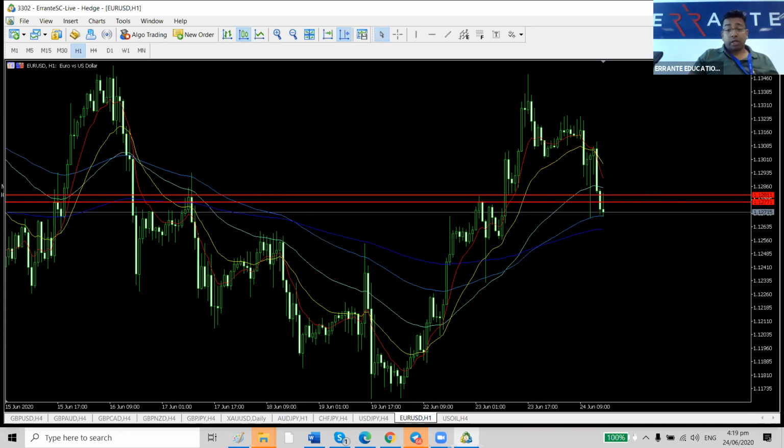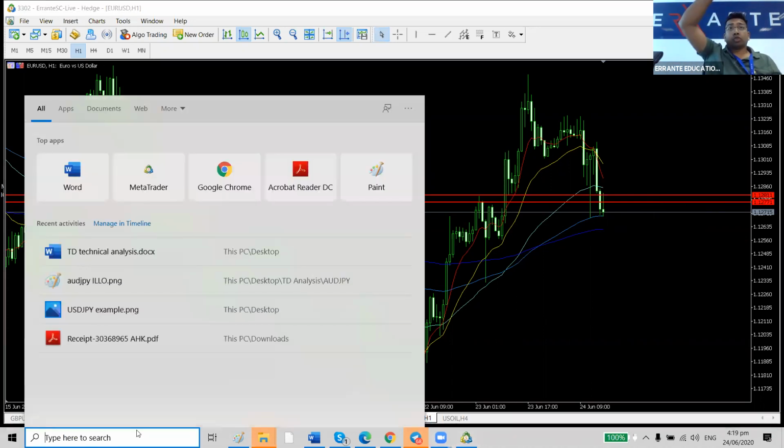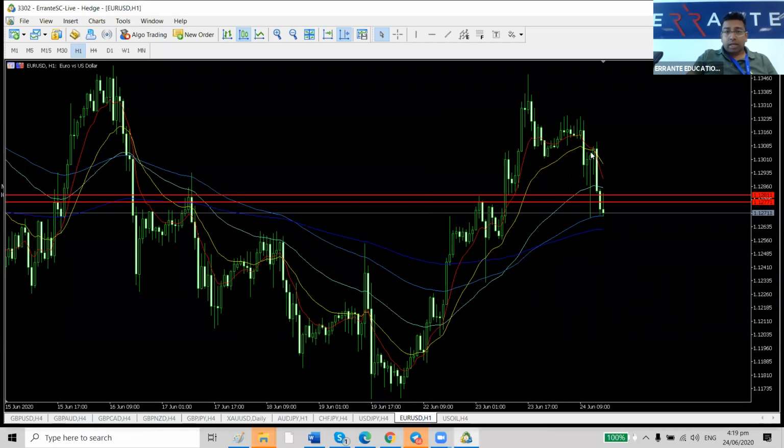So remember yesterday we talked a little bit about how important it is for price to drop, come out of a range, but then come back to the area where it has broken out and then come down. So here it looks like this is what has actually happened for this pair, for the Euro USD.